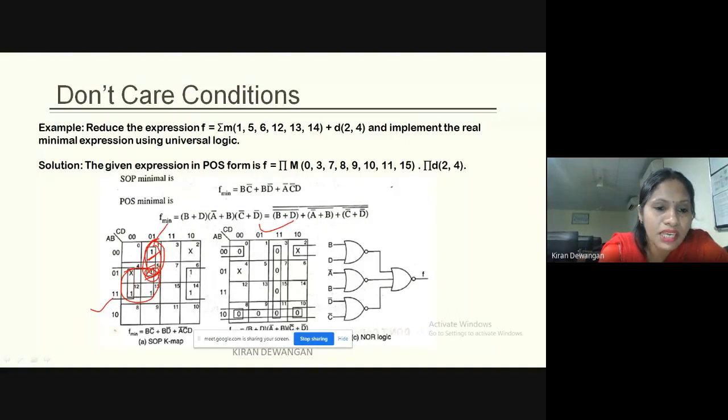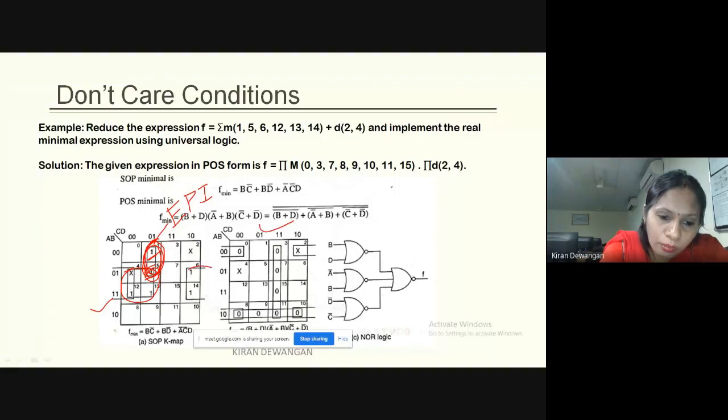Hence this will be an EPI, that means essential prime implicant. Clear? तो ये जो particular pair है, it has a 1 which is not covered by any other prime implicant. That means that will be an essential prime implicant.